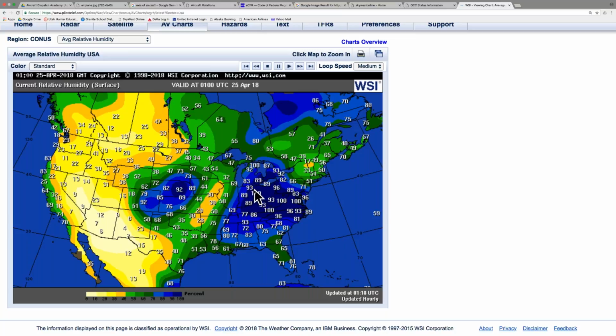So we're going to learn about humidity and what the temperature-dew point spread does to weather, the amount of water in the air, and how that affects the weather. The more humidity, the more moisture in the air, the saturation levels, that's going to dictate what weather we see.